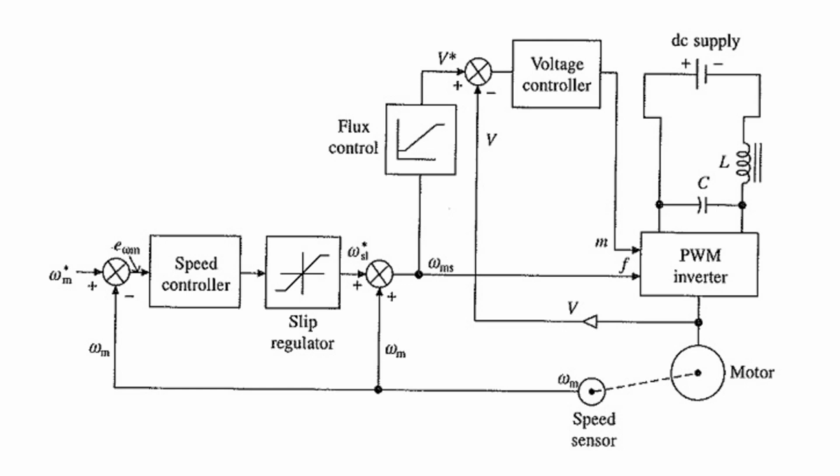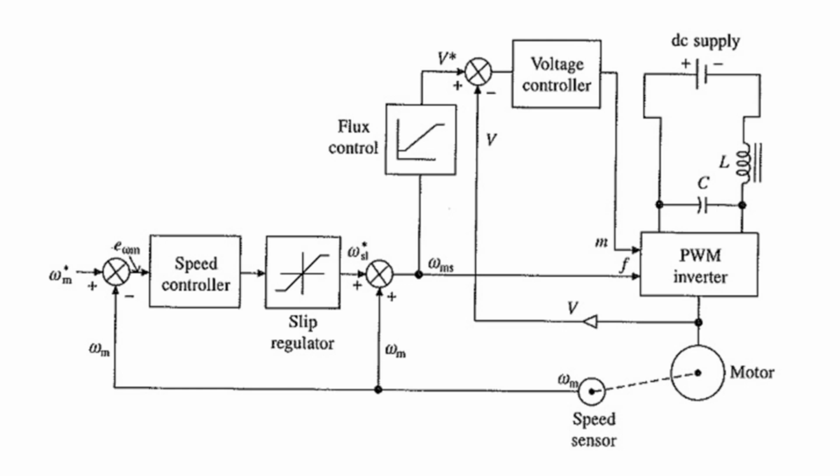There are two conditions: whether there is a step increase or a step decrease in your command, positive or negative. First I am increasing the value of omega M star.